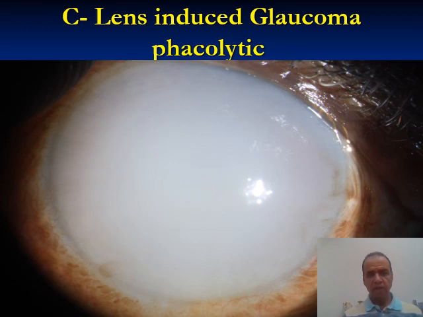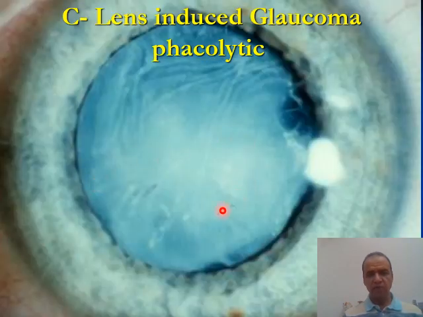Then after resorption of this lens matter from the anterior chamber, passing through the trabecular meshwork, you can see here there is shrinkage of the lens and folding of the anterior capsule because the lens matter was released to the anterior chamber.